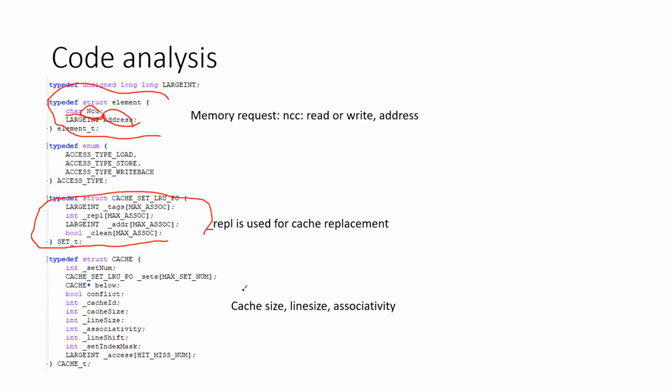We have some upper level cache structure, which includes multiple sets. In the sets, I think the most important variable is this counter, the replace counter. I don't think you need to modify the cache line size or associativity in the cache data structure. But this replacement counter is the most important variable.